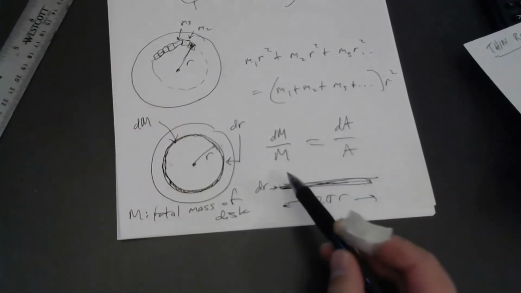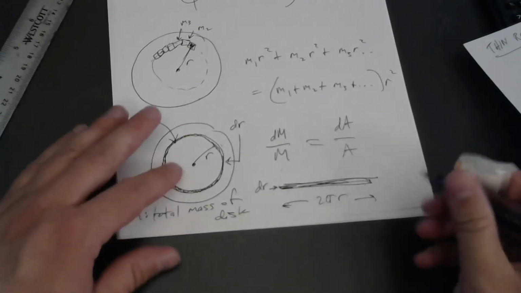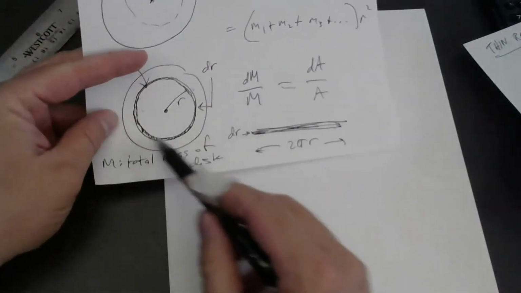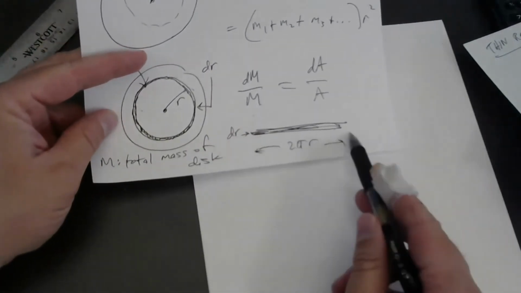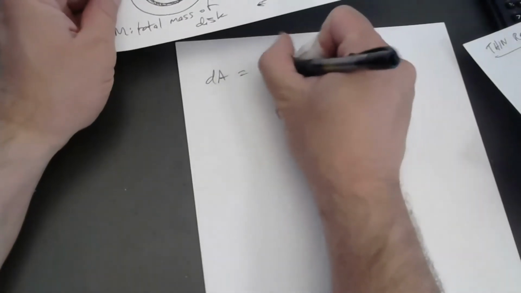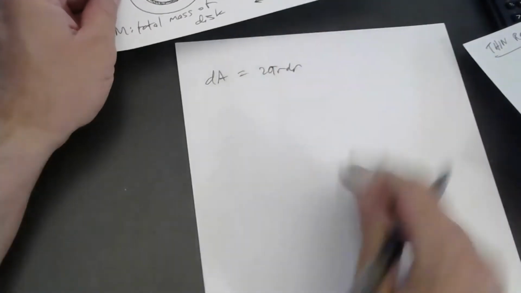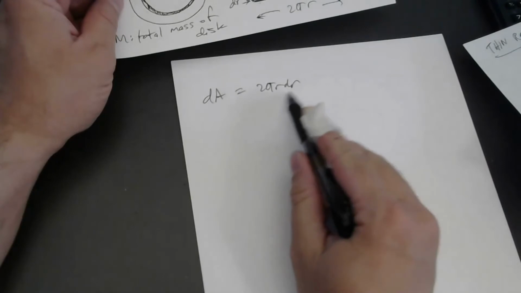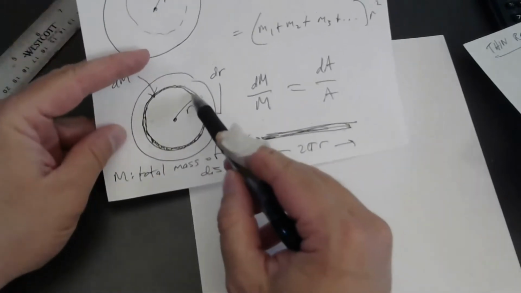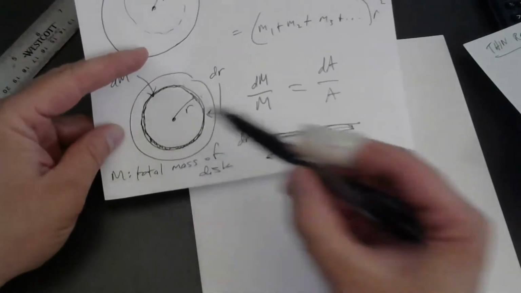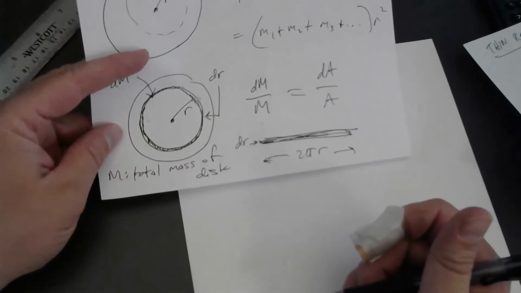So that hoop is a lot like this skinny rectangle. And that means that we can say that the area of the skinny rectangle, which originally was this thin hoop, would be base times height, or 2 pi r dr. Circumference times dr. That is the area dA of this infinitesimal piece of the disk.